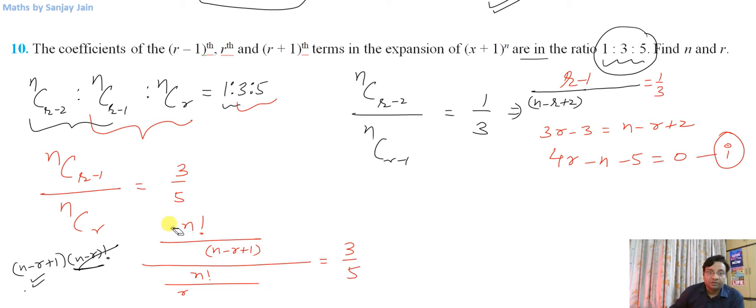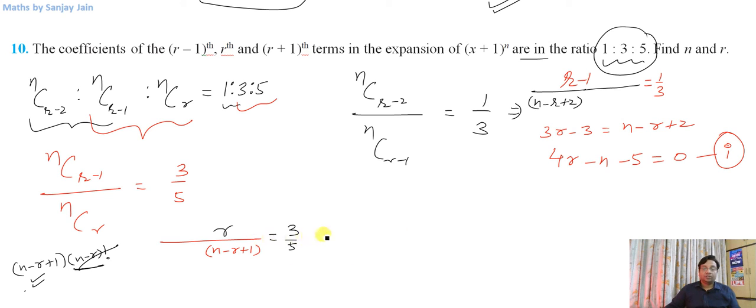N factorial will also be cancelled with n factorial, and this r will come in the numerator. I'll write it here. This is gone in the numerator, and this is equal to 3 by 5. So that's how I get my second equation.